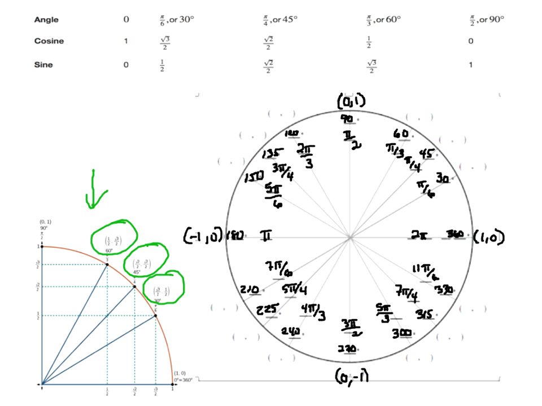Okay, so pi over 6, we figured out a moment ago, is the square root of 3 over 2 and 1/2. My cosine and my sine.